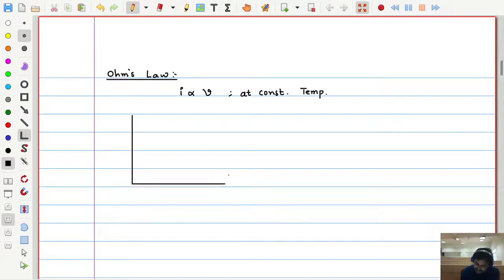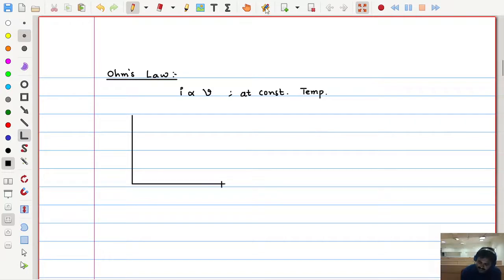So we had seen Ohm's law. We said that the current is proportional to the applied voltage across the conductor terminal at constant temperature. For example, if it obeys, what kind of characteristics do we get?